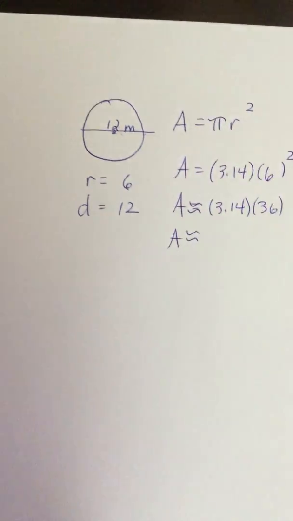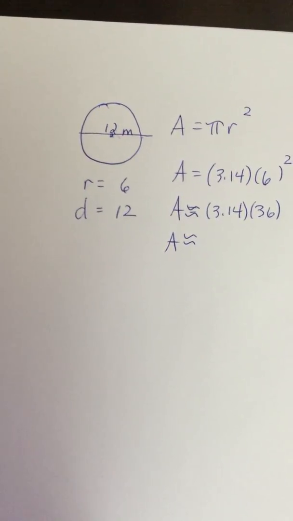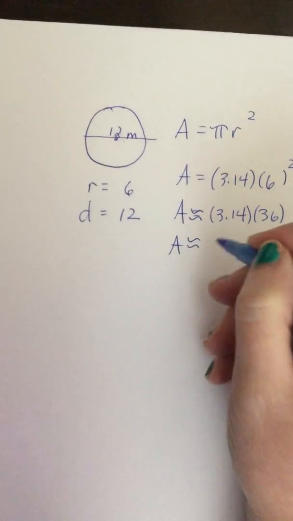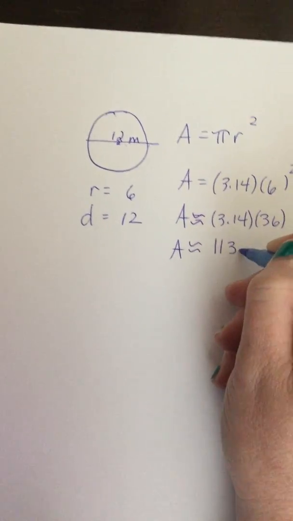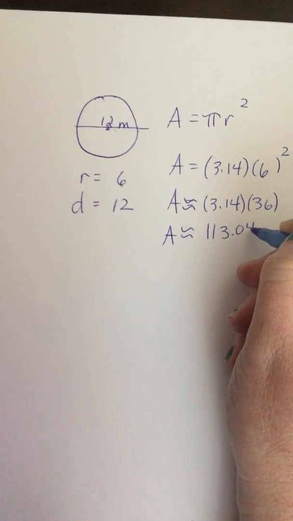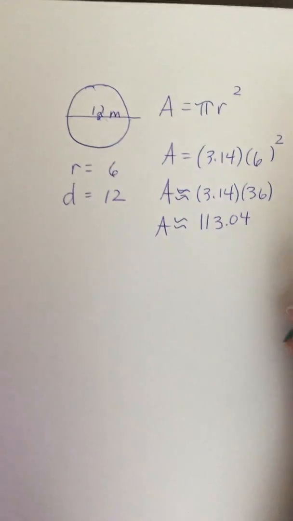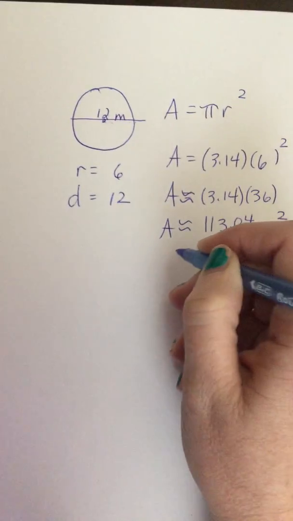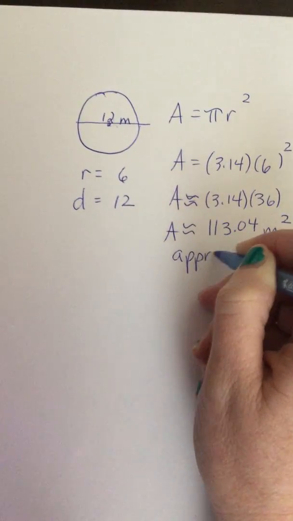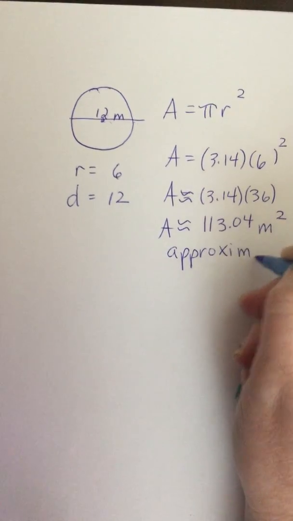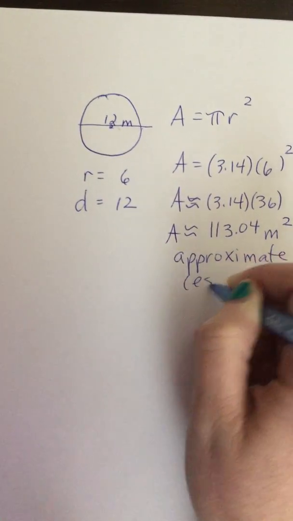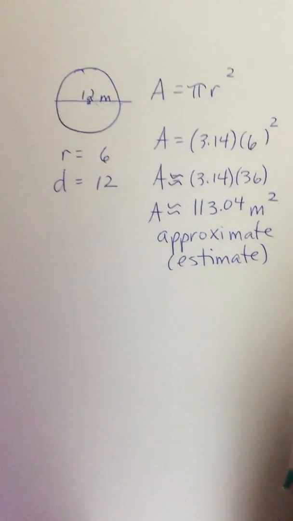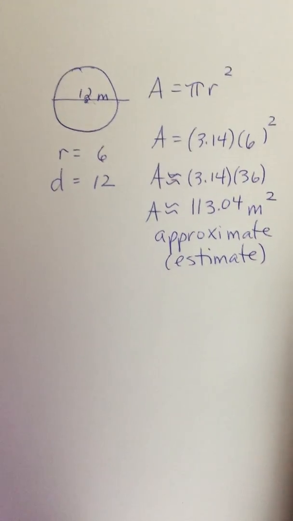Okay, area is approximately, let me clear my calculator, 3.14 times 36, and we get 113.04. Sorry, I'm moving my camera around. All right, and we need the unit, and the unit is going to be meter, and it is squared. Now, this would be an approximate answer, or they would say estimate the answer. So that's when they want approximately what it is.